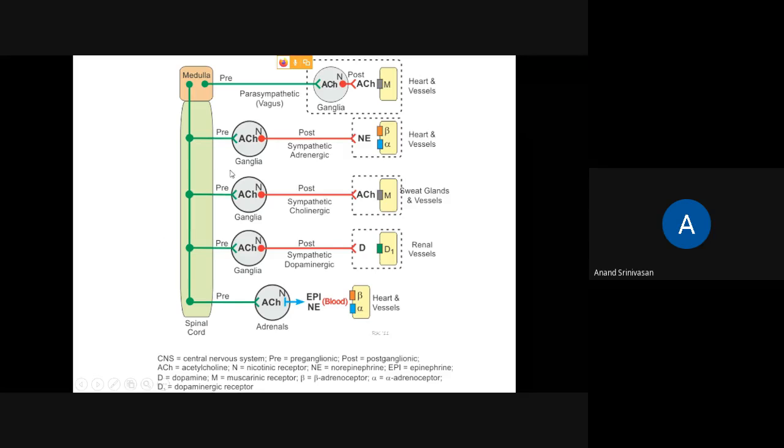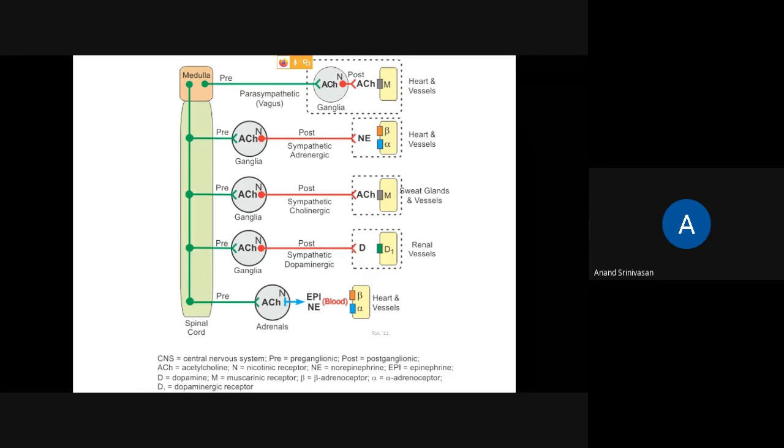What is this ACH, NE, M, alpha, beta? All these things will be taught to you in physiology. These are certain neurotransmitters: acetylcholine, epinephrine, norepinephrine. This will be taught to you in detail in your next semester.